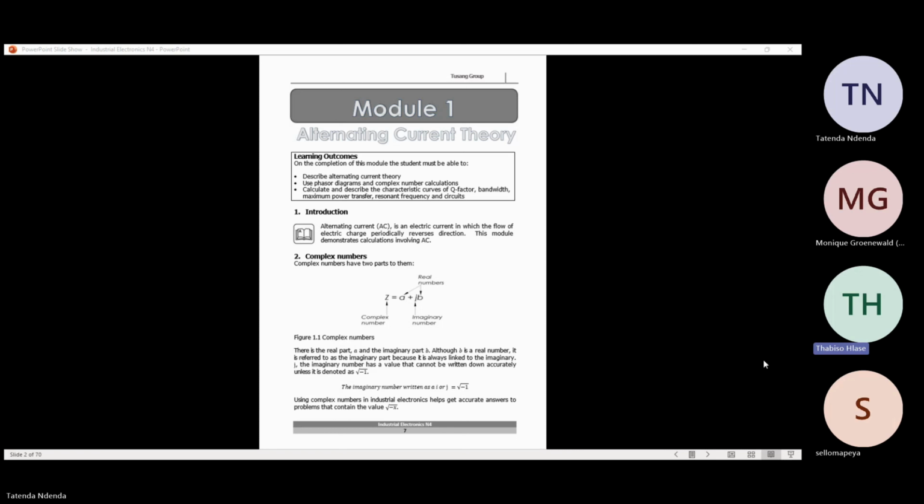I think that attender is still off. I don't understand. I was checking if he's still on. I think it's the network from his side. Okay, probably he will be back.